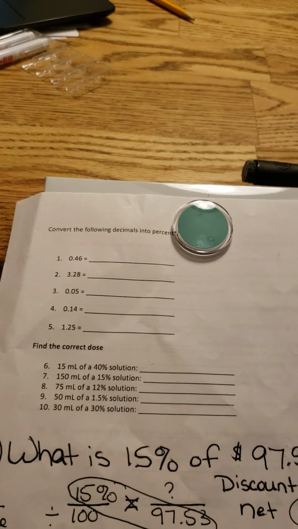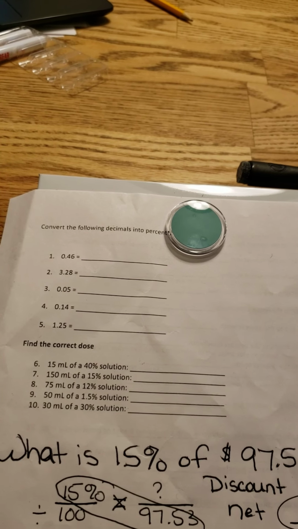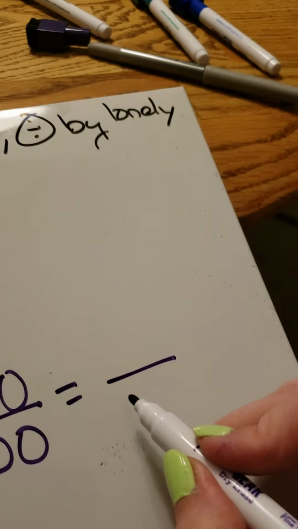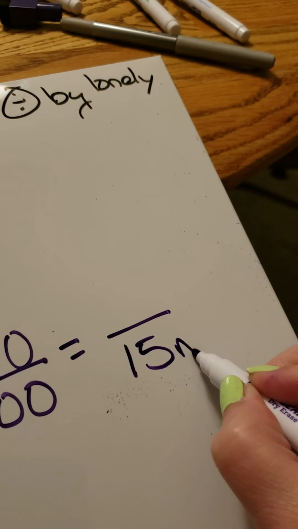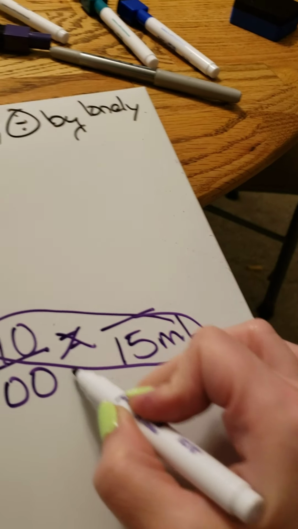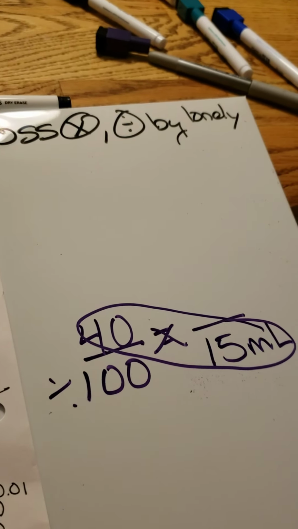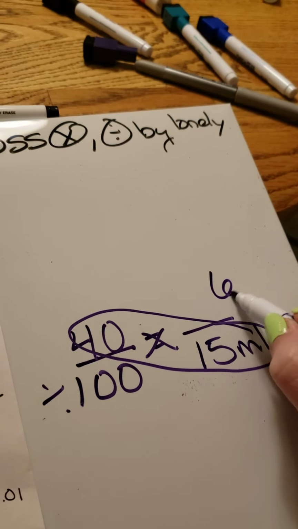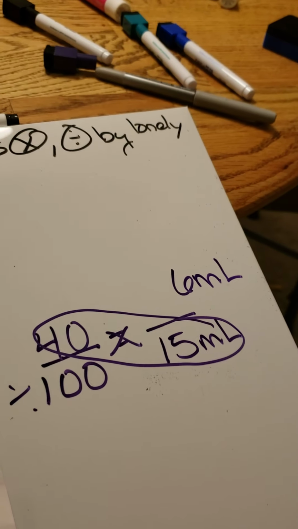And I already have 15 milliliters. So if I have it, that's the whole amount. Cross multiply and divide. And now we get 6 milliliters.